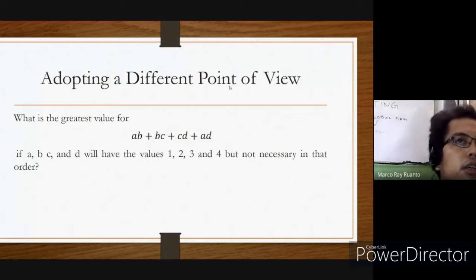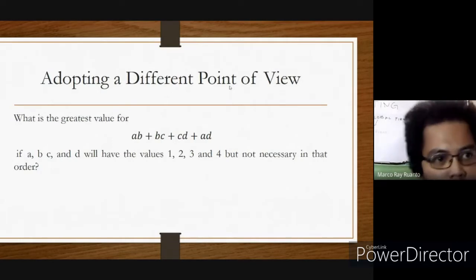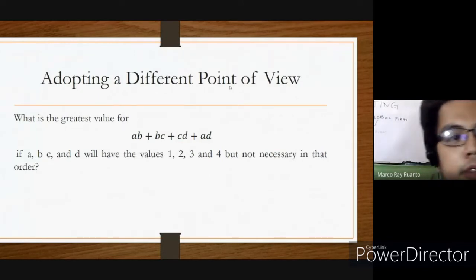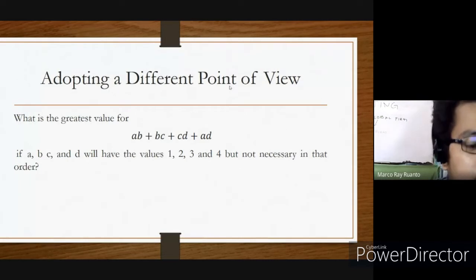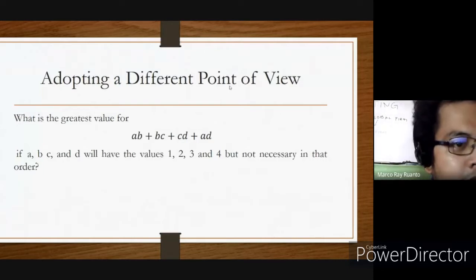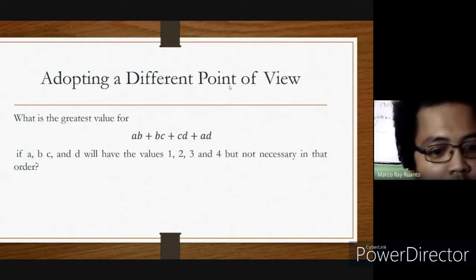If we do that, it might take us time to solve it. So what we can observe here in this expression is that we can factor it. So instead of directly applying the guess and check method or trial and error, why not factor this first, then later on apply the trial and error or guess and check.